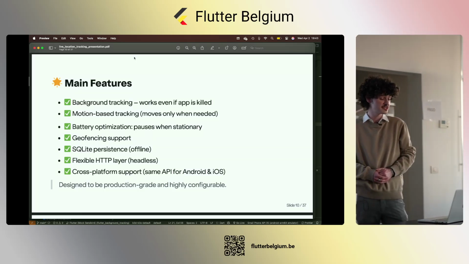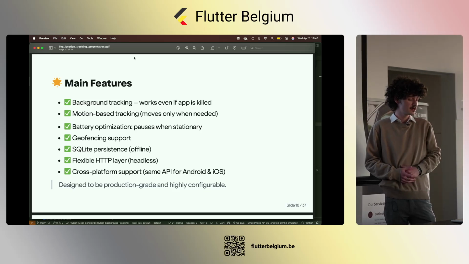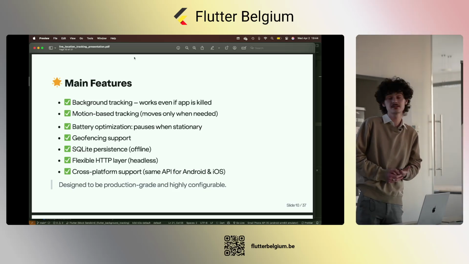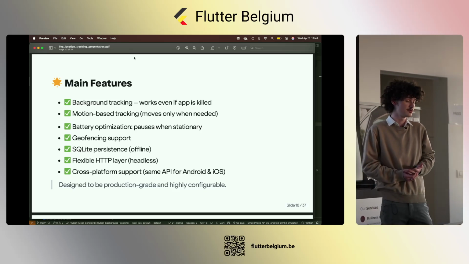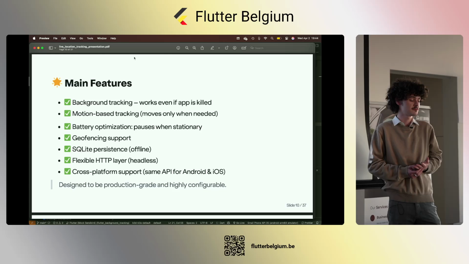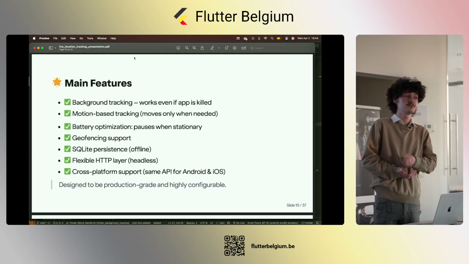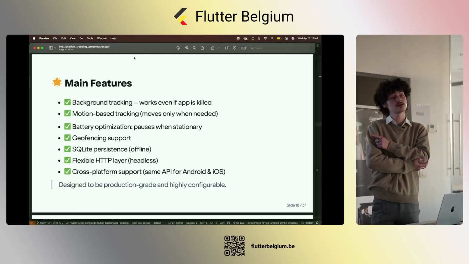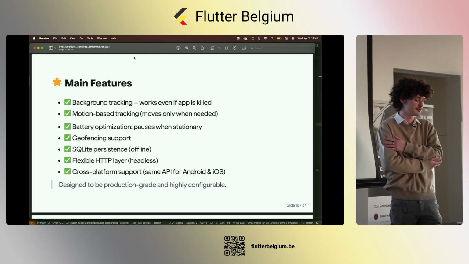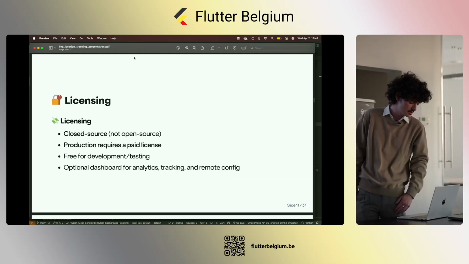It supports geofencing, and SQLite is integrated for persistence when you're offline, to send the location updates later. It has a great integration with the HTTP layer, which is mainly useful for the headless tasks, which I'll talk about later. And of course, it's cross-platform, for both iOS and Android.